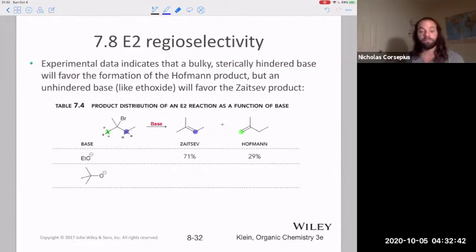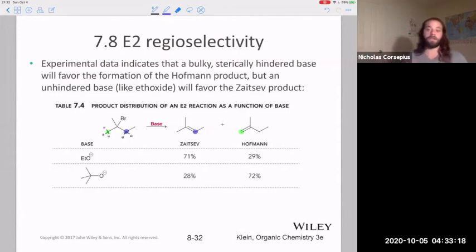In this case, that blue hydrogen is more sterically hindered than the green set of hydrogens, because the green set is on a methyl group, so it's sticking out on the end, whereas the blue is on that CH2. So by using a bulky base, we can change the distribution to instead favor that Hofmann product. Again, all having to do with sterics. Sterics is going to be really important in this chapter. Because the base is bulky, it's unable to approach the more sterically hindered carbon.